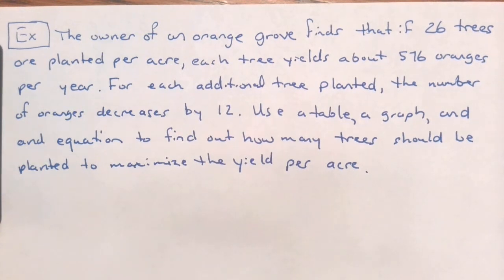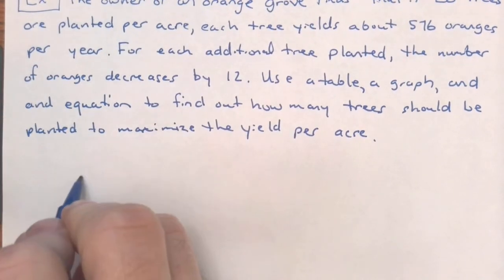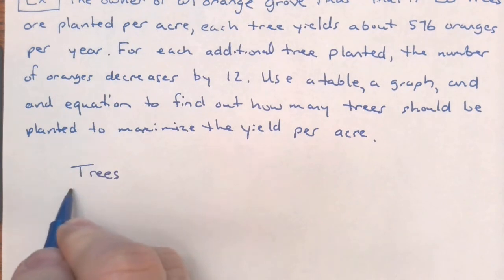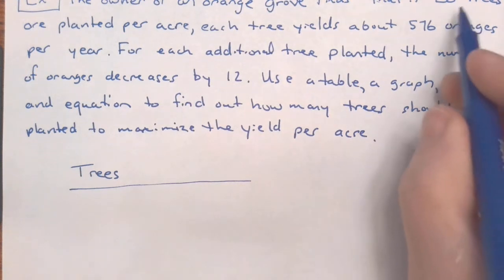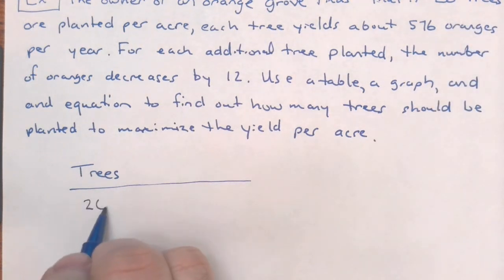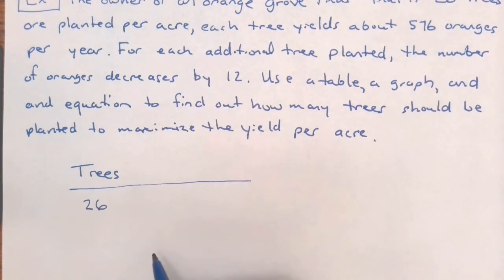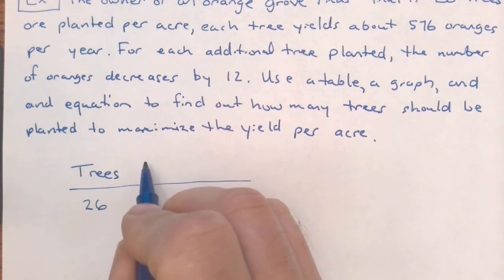So to get started, we would want to go through and make a table. I want to take a look at how many trees we have. And to start with, the owner said that if we have 26 trees, what we ended up with is about 576 oranges for the year from one tree.